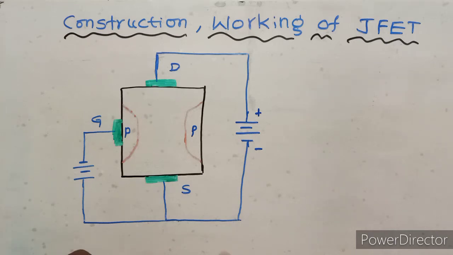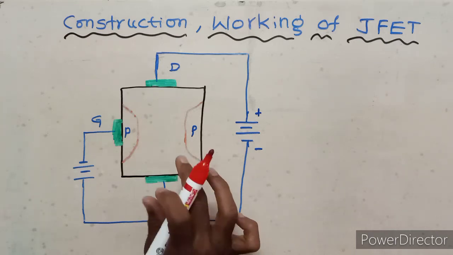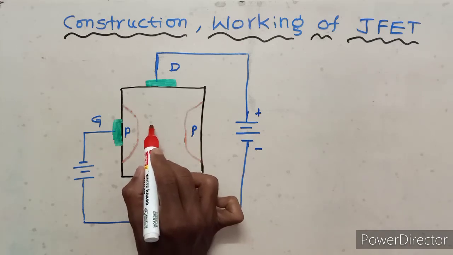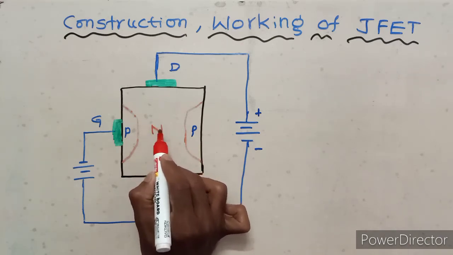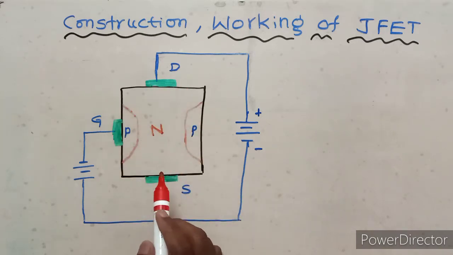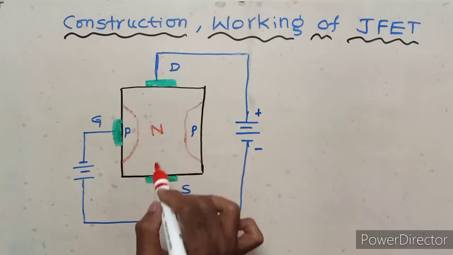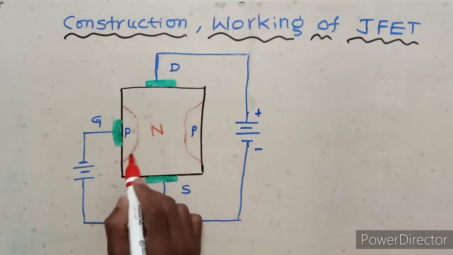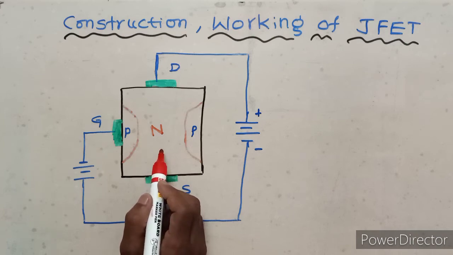Circuit representation. This is the unipolar junction field effect transistor. This is the N type semiconductor. The majority charge carriers are only electrons.